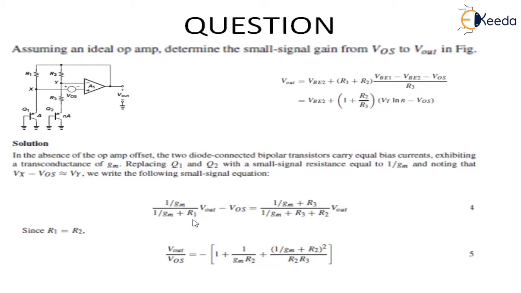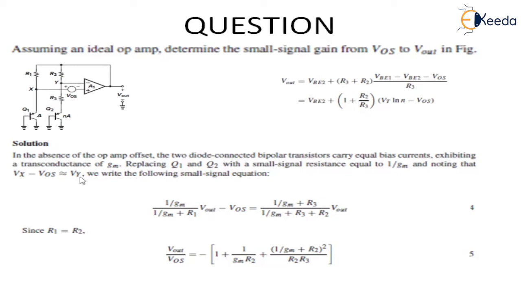How do we find that? In this case 1 upon Gm is the transconductance that the Q1 transistor offers. Applying a simple Thevenin rule, we get 1 upon Gm over 1 upon Gm plus R1, times Vout, minus this voltage VOS, because VOS is applied at this point X of transistor Q1.